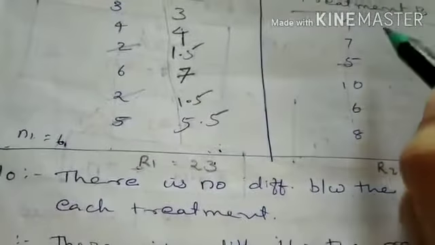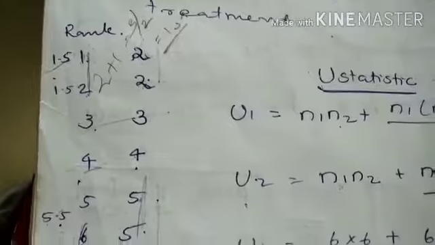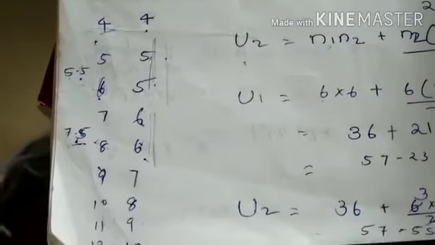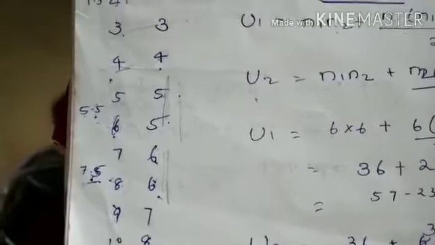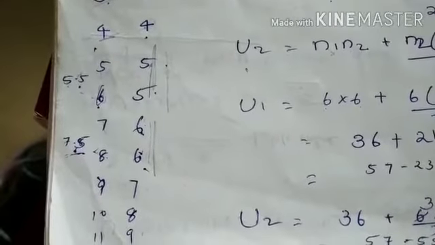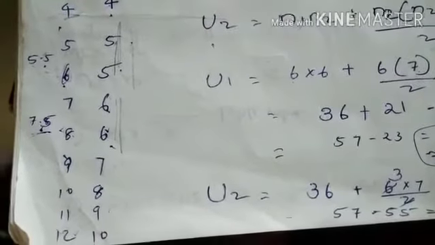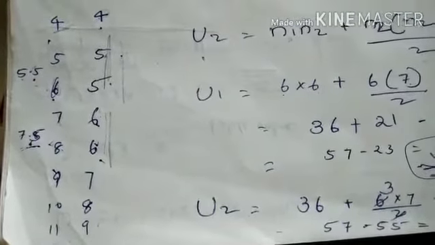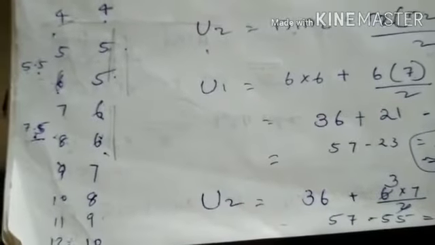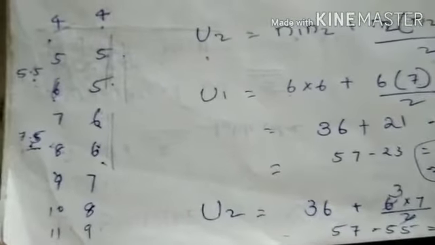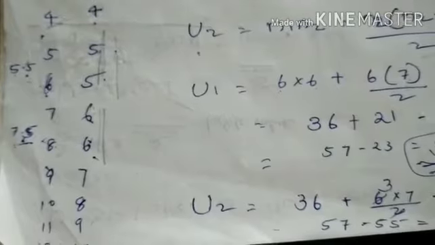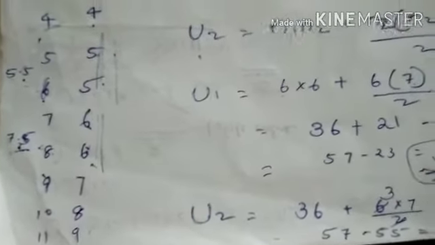Here also you have to find the ranking and write it here. See, for 9, the rank is 11. For 7, the rank is 9, right? For 10, the rank is 12. For 6, the rank is 7. For 8, the rank is 10.